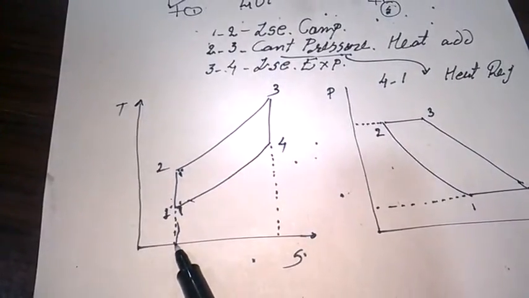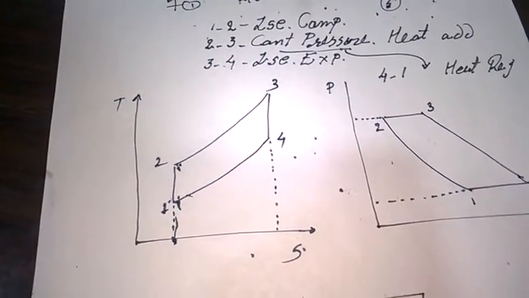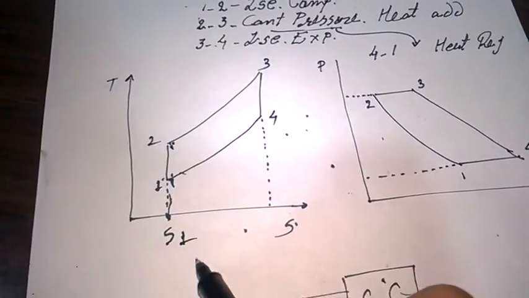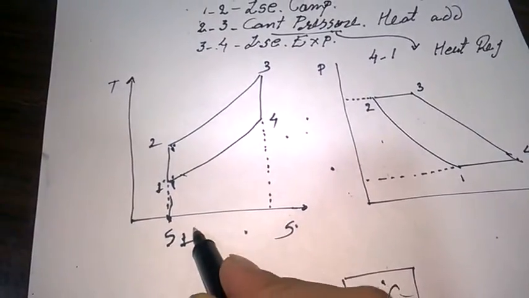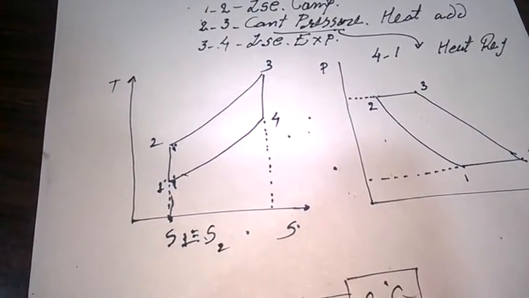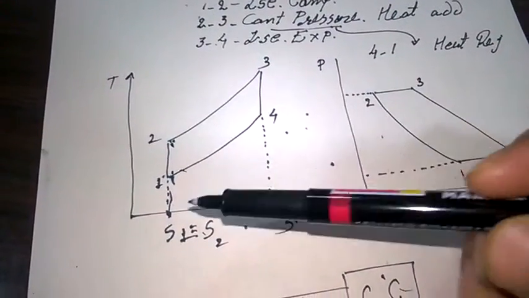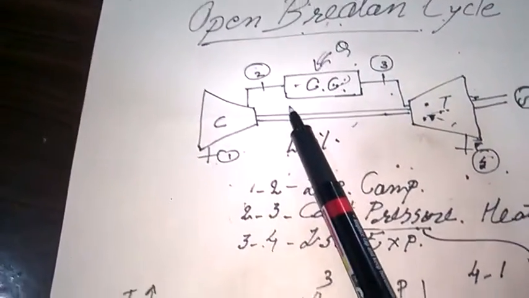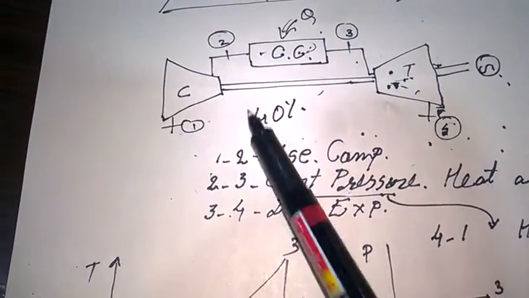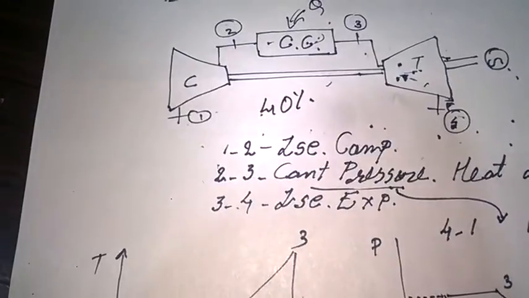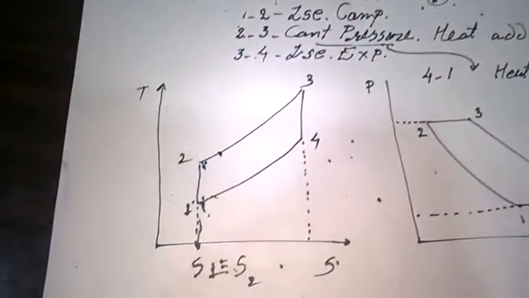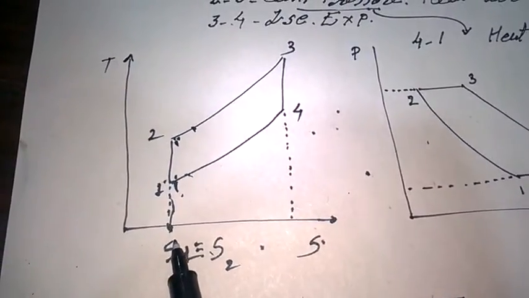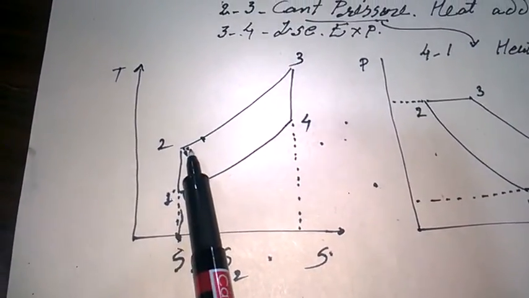So S is equal to a constant value, same value, let us take it as S1, right? So S1 is equal to S2. But temperature is increasing because the air is compressed, and due to that compression the temperature of the air gets increased. So entropy remains constant but temperature increases.